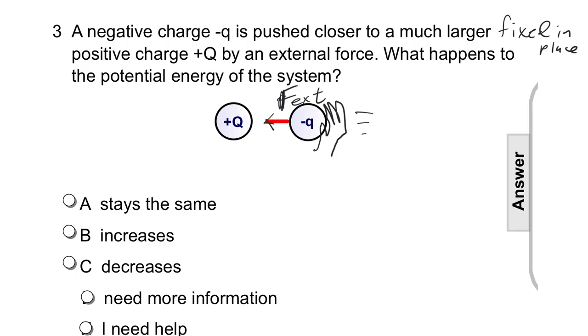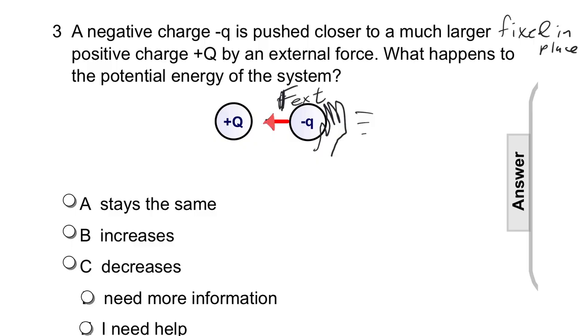Okay, so if I push a plus and a minus together, what happens to potential energy? Well, it's like bringing a rock closer to the ground. The GPE is decreasing as the rock gets closer to the ground. Why am I using the GPE thing?